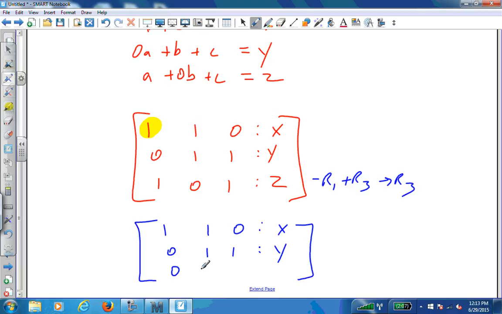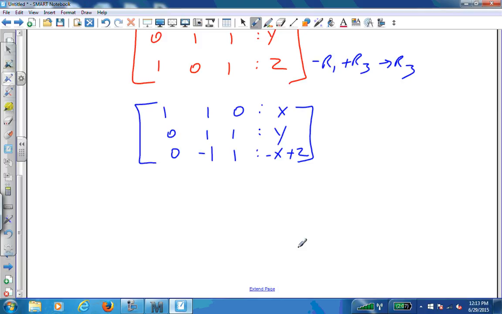Negative 1 plus 0 is negative 1. 0 plus 1 is 1. Negative X plus Z. So we have a pivot there, 0's underneath it. We have a pivot there, so we need a 0 underneath that. So let's add R2 and R3 together to get our new R3.